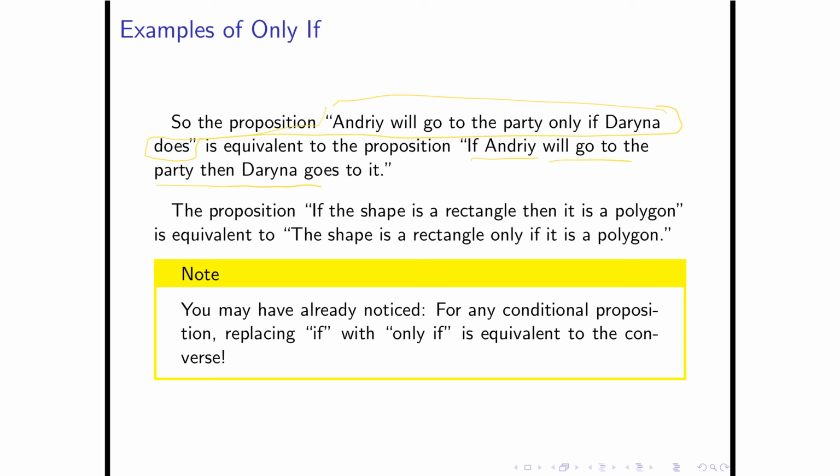Again, it reverses the direction that you would get if the word only did not occur. How about the proposition, if the shape is a rectangle, then it is a polygon? What is that if we tried to state it using only if? It would be the shape is a rectangle only if it is a polygon.